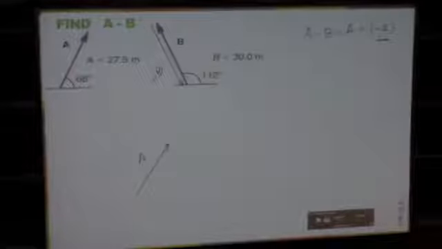So now, a plus negative b is literally this plus this. We have to use the tail to head rule. So I want to redraw negative b from the head. That's negative b.